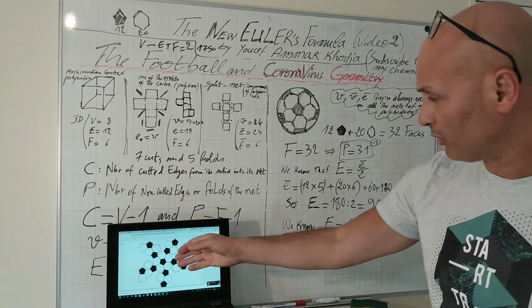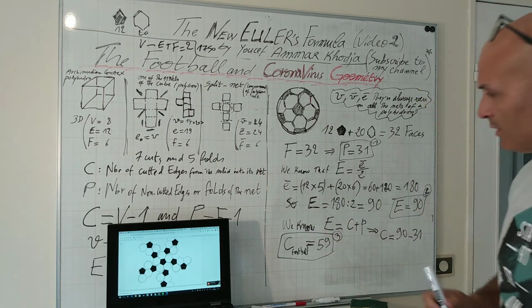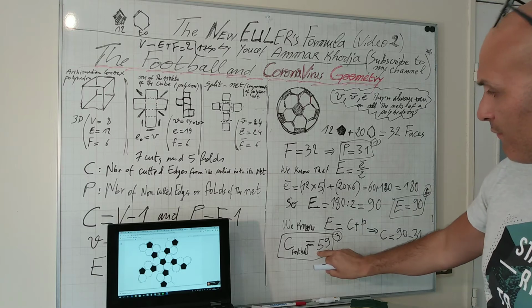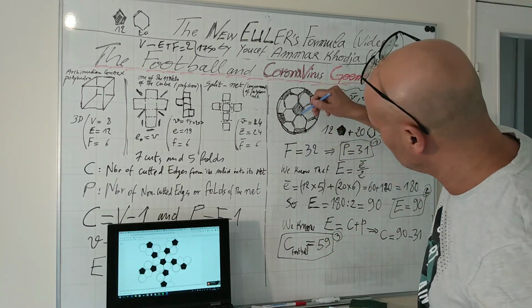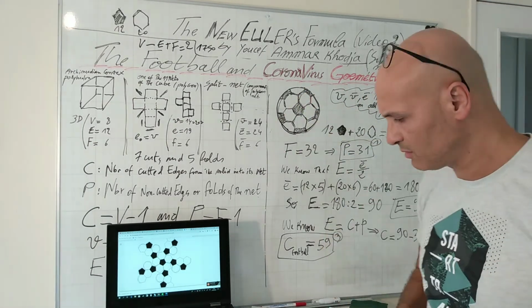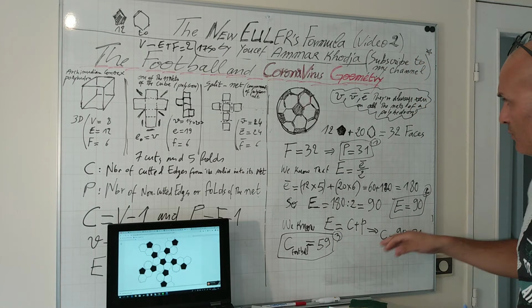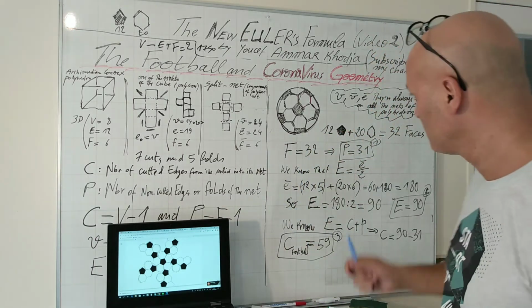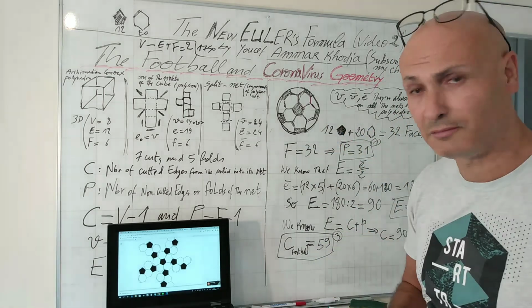So in the football net, when you cut the football and make it flat, you must have 59 cuts. You must cut this skin edge by edge, 59 different edges, and you have to have 31 folds, so non-cut ones. 31 you leave them, and 59 you cut them.